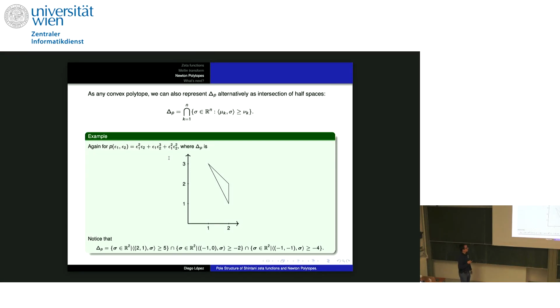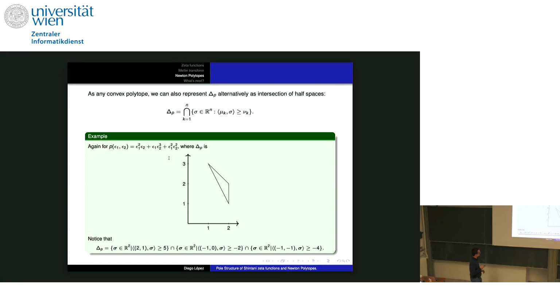Also a reminder, it is known that any convex polytope can also be represented alternatively as the intersection of half spaces. For the example we had before, we can see this triangle as the intersection of this half space, which is the half space that contains this facet and goes in that direction.